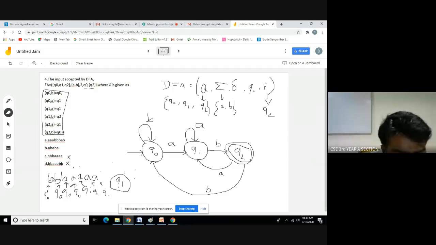The input string is ABABA. Now I will check whether the given DFA accepts this string or not.